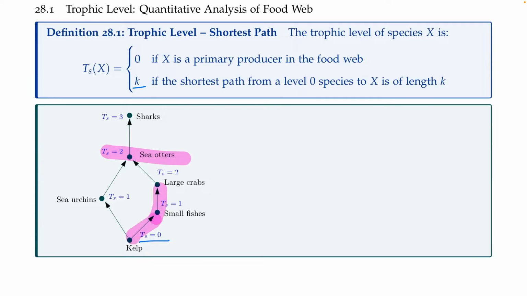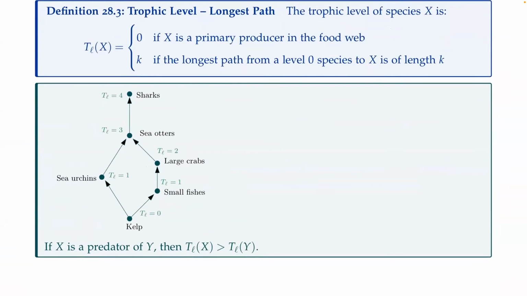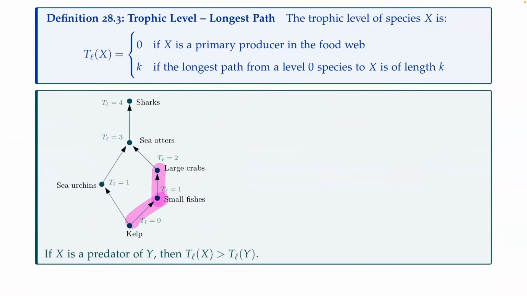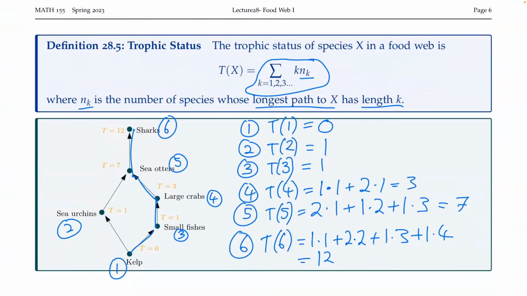There's this one here on the right, which has length 3, and this one here on the left has length 2. We're taking the shortest path in this case, and so sea otters have trophic level 2. There are different definitions that we can have for these things. We could have the longest path, in which case the trophic level of sea otters would be 3. Each of these has a slightly different interpretation, which are discussed in the pre-lecture, so I won't go over those again.